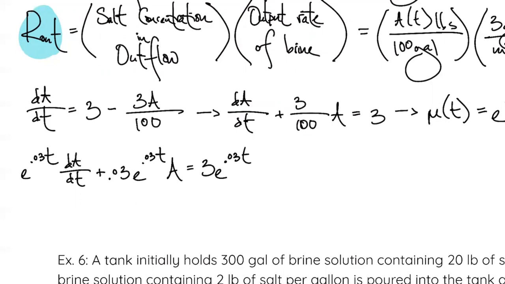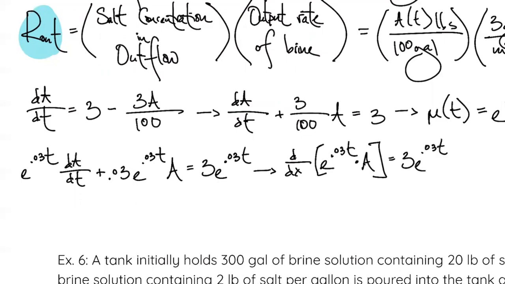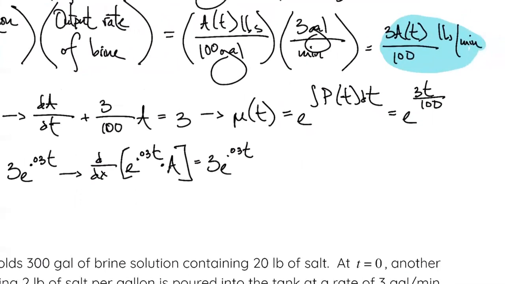All right, we're going to pack up that left-hand side. We're going to say this is the derivative of e to the 0.03t times A, which equals my right-hand side. I'm going to integrate both sides. That will get rid of my derivative.